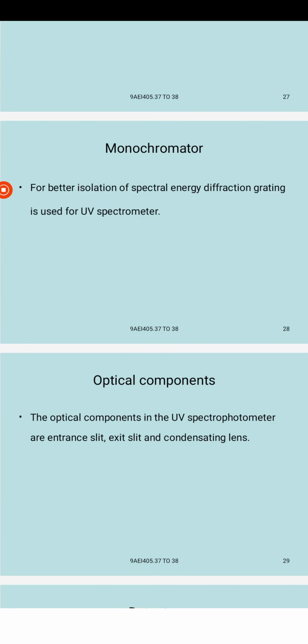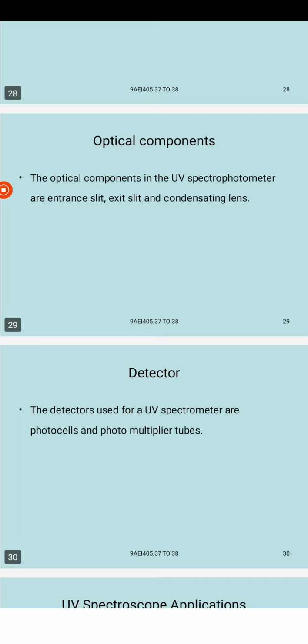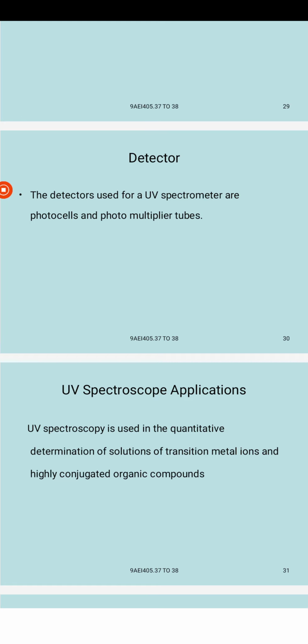Monochromators: for better isolation of spectral energy, a diffraction grating is used for UV spectrophotometer. Optical components: the optical components of UV spectrophotometer are entrance slit, exit slit, and condensing lens. Detectors used for UV spectrophotometer are photocells and photomultiplier tubes.